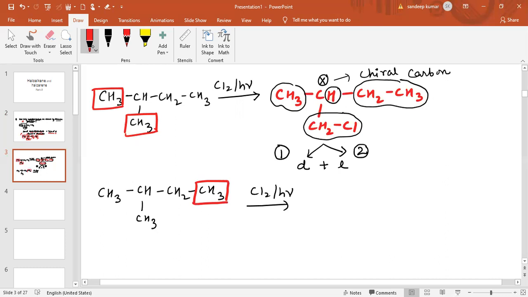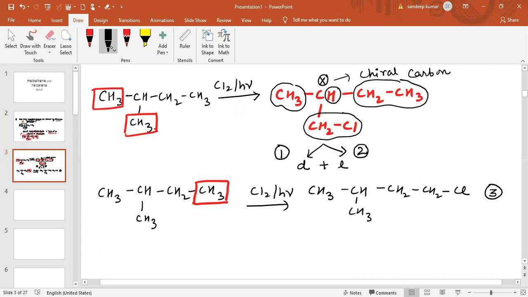So this hydrogen will be replaced by Cl. Now the product obtained will be CH3, CH, CH3, CH2 and CH2Cl. So this is another product. So this is basically the product number 3. And our question is how many products are obtained?